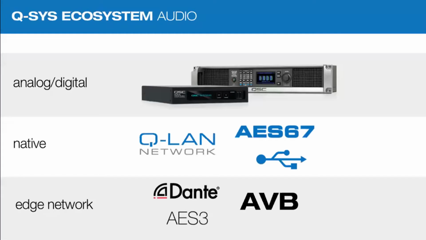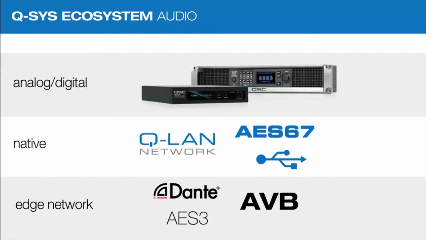Let's quickly dive into some of the specific features offered by Q-SYS. From an audio perspective, we have a network protocol stack built on a pile of open standards called QLAN, and a variety of peripherals that can connect to a Core processor over QLAN. We also support all of the other major network protocols.